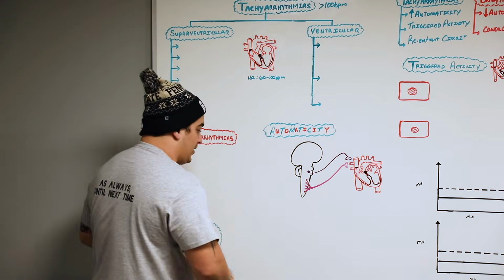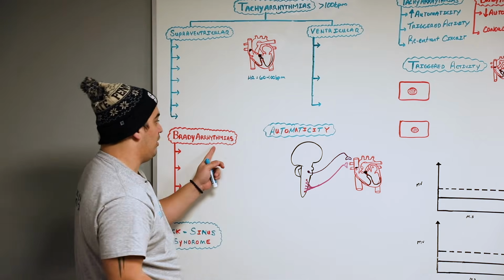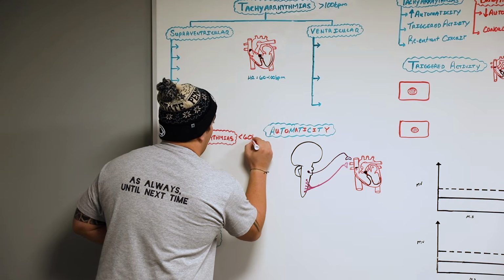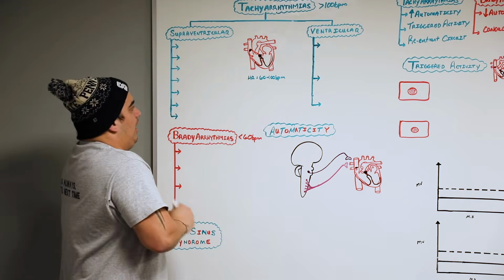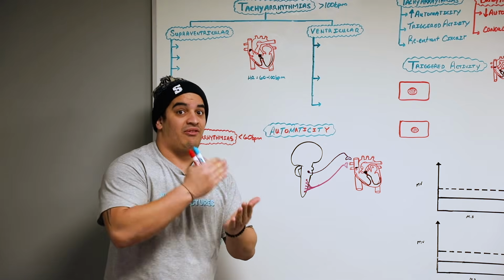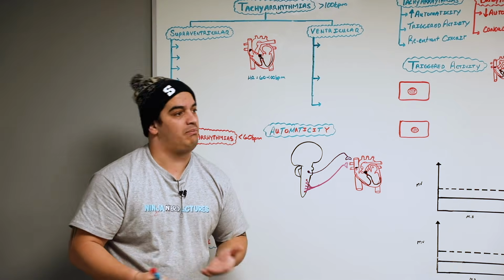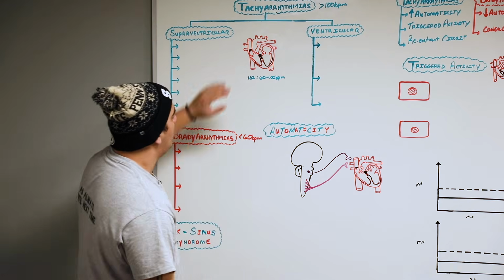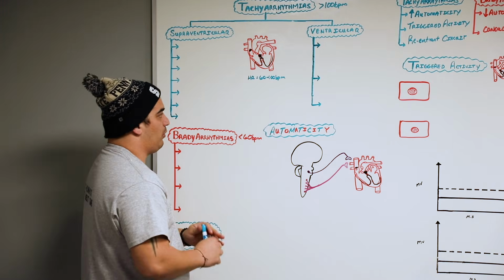So bradycardias are associated with bradyarrhythmias, and this is whenever you're going less than 60 beats per minute. Now let's be clear here. You can go way above 100, sometimes in situations of fibrillation, close to 350 beats per minute or more. So pretty scary stuff. That's the basic way we talk about arrhythmias.